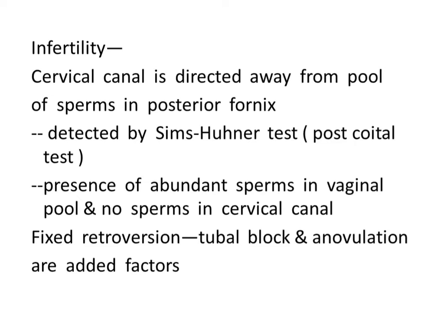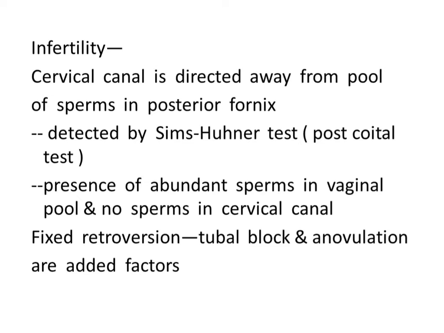Then also say PID is there, or even in endometriosis, tubal block will be there because of the presence of the adhesions. The tube gets kinked, it gets pulled this way and that way. And then in PID, even intratubal adhesions will be there. Endosalpingitis may be there, and so the intratubal adhesions will be there.